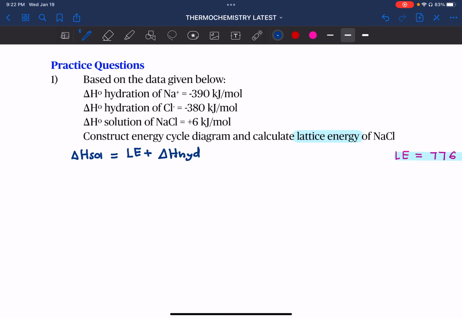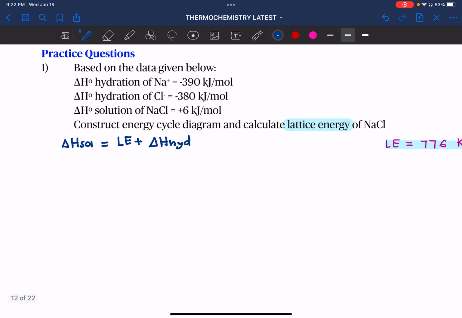So, nak buat apa? Kita buat dulu equation untuk enthalpy of solution of sodium chloride. Kalau enthalpy of solution, sodium chloride solid akan jadi aqueous ion.